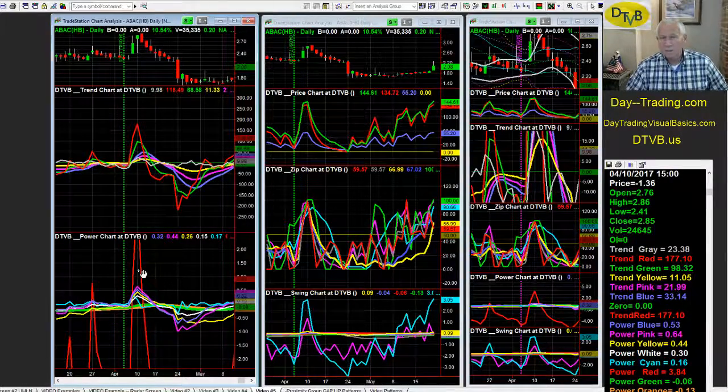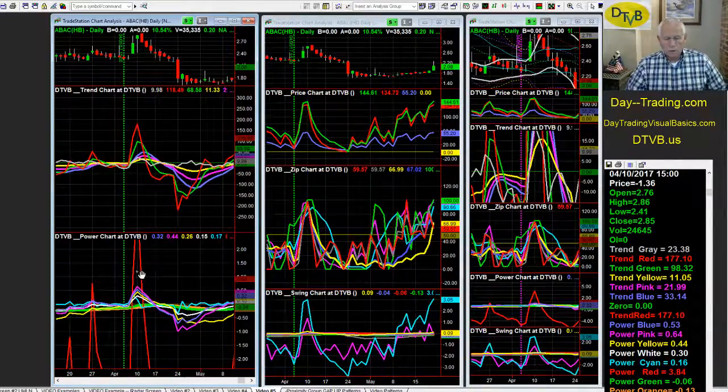That's a deep cycle. Swing gray is the other deep cycle. I think of power pink and blue as one deep cycle indicator, and swing gray as the other, telling you deep cycle highs and deep cycle lows when they're occurring.